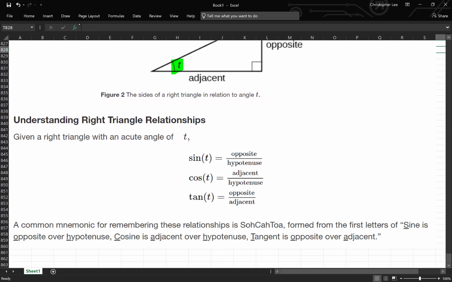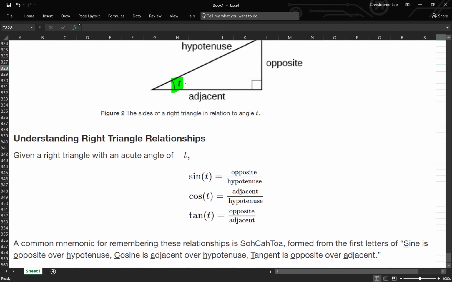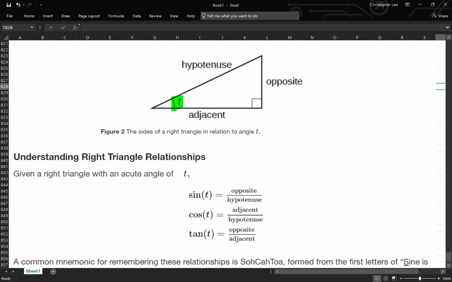So understanding right triangle relationships. Given a right triangle with an acute angle of t, sine of t is equal to opposite over hypotenuse. Sine of t is opposite over hypotenuse. Cosine of t is adjacent over hypotenuse.